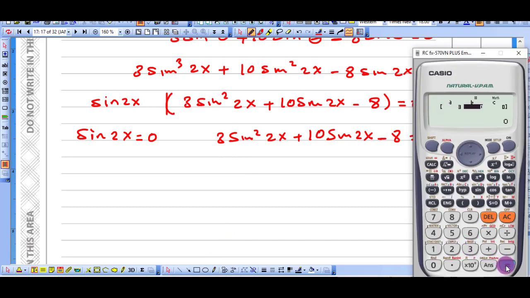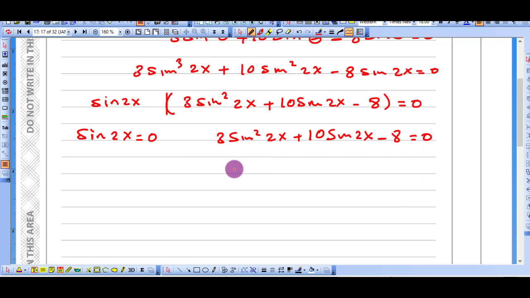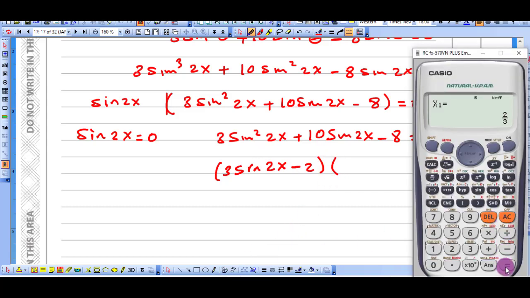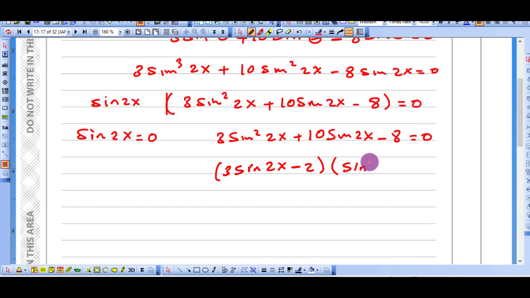We have 3 equal, and then 10 equal, and minus 8 equal. So 3 sine 2x minus 2, the second part, sine 2x plus 4 equal to 0.